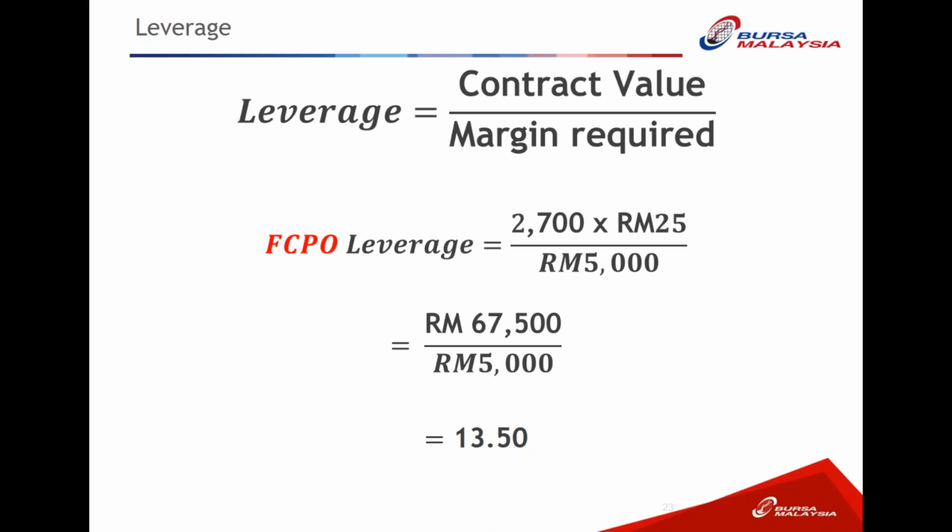So if you're trading palm oil, it's only 10 times. If you're trading some other instrument, it gives you 100 times leverage. If you're trading the same size, you're getting something that can go against you 10 times more than what you're trading in CPO.